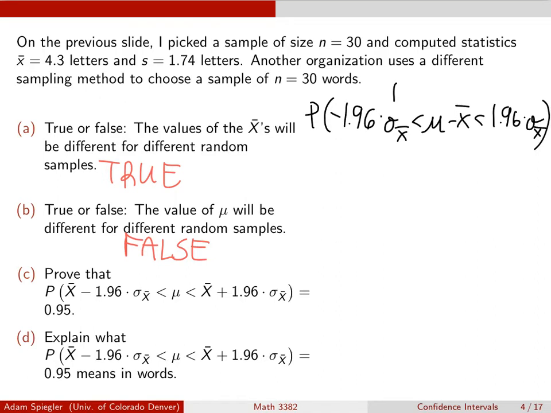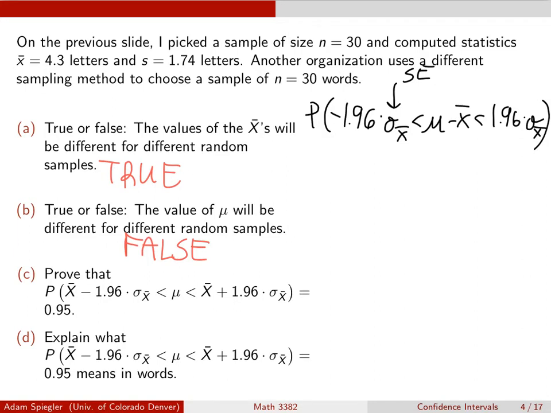Keep in mind that this value over here is measuring the spread in the sampling distribution for the mean. So that's the standard error. Just by subtracting X bar from everything, we've shifted the inequality.